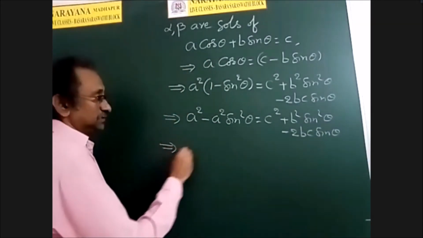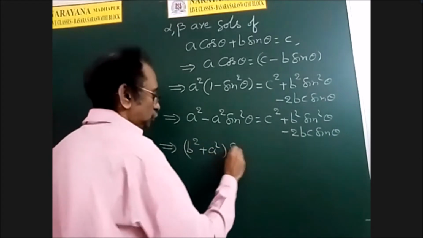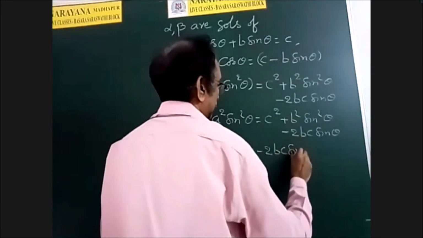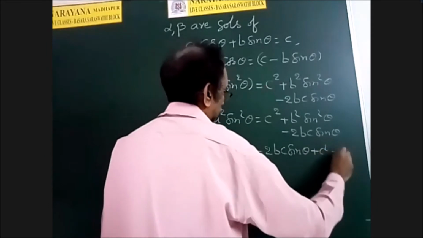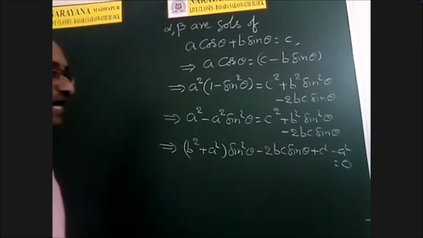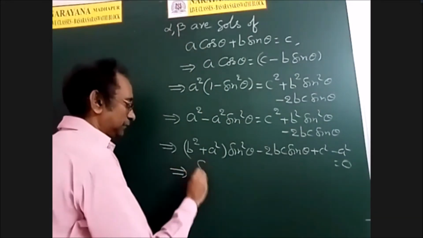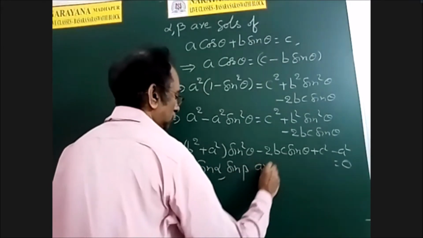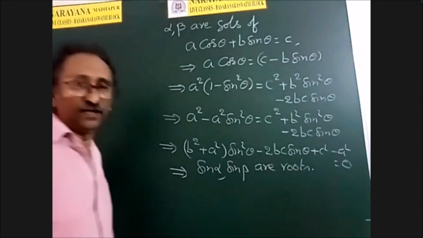So that implies B square plus A square into sin square theta minus 2bc sin theta plus C square minus A square is equal to 0. And now this is a quadratic in sin theta. So here alpha, beta are solutions. That implies sin alpha, sin beta are the roots for this equation. The roots are sin alpha, sin beta.